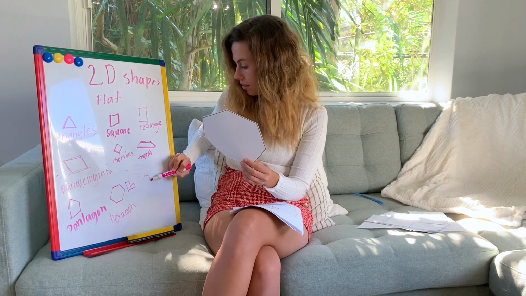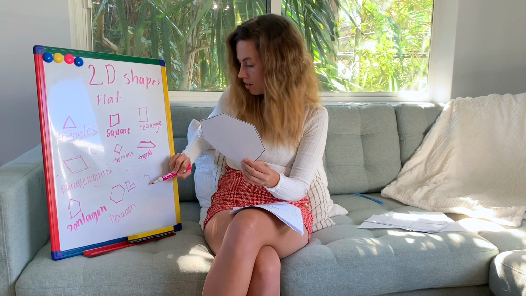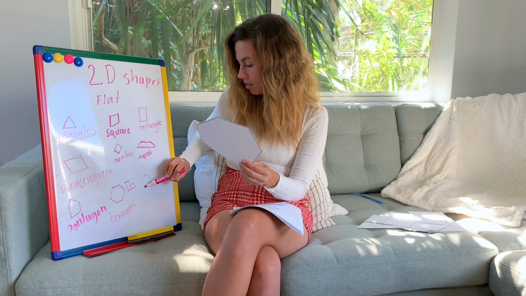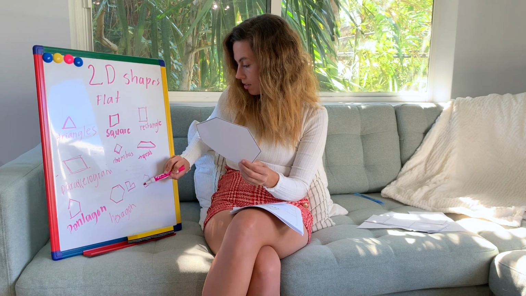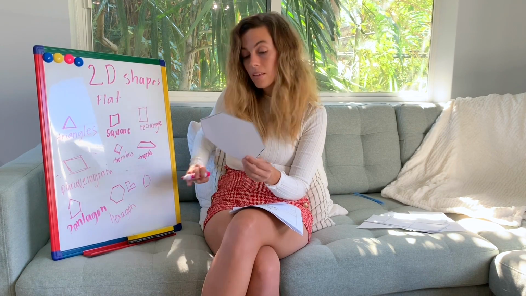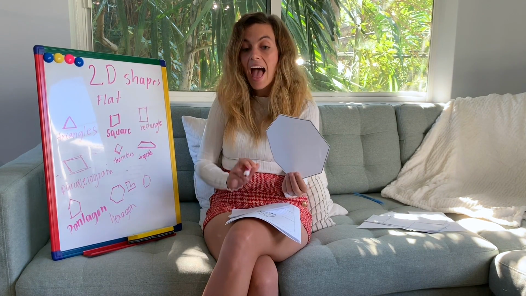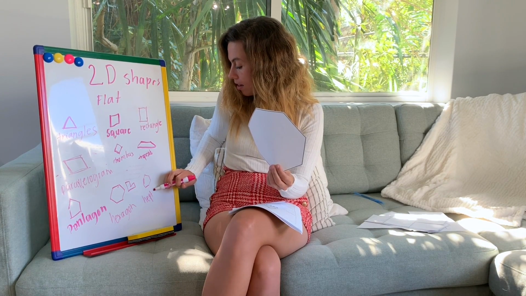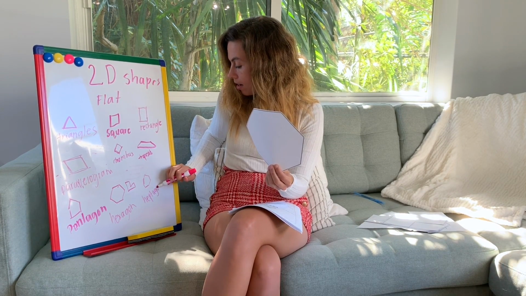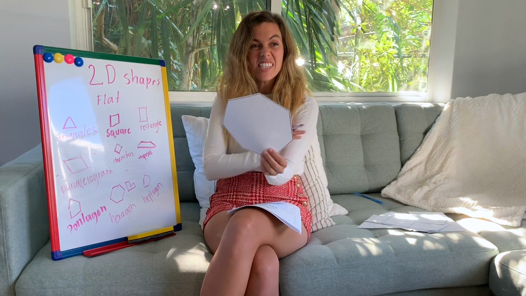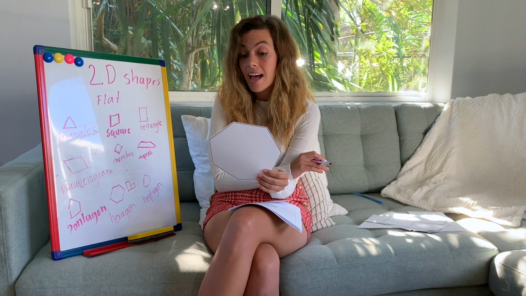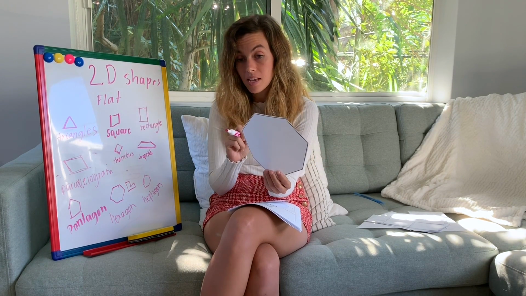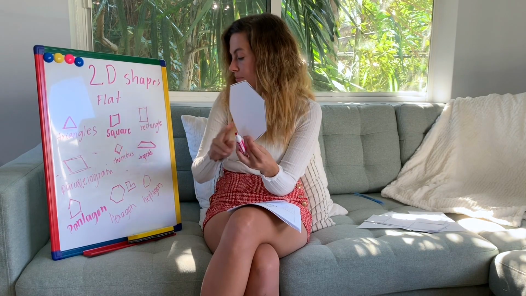So this is called a heptagon. Heptagons have 7 sides, and there's not a lot of examples of heptagons, but sometimes coins can be heptagons. They have 7 sides.